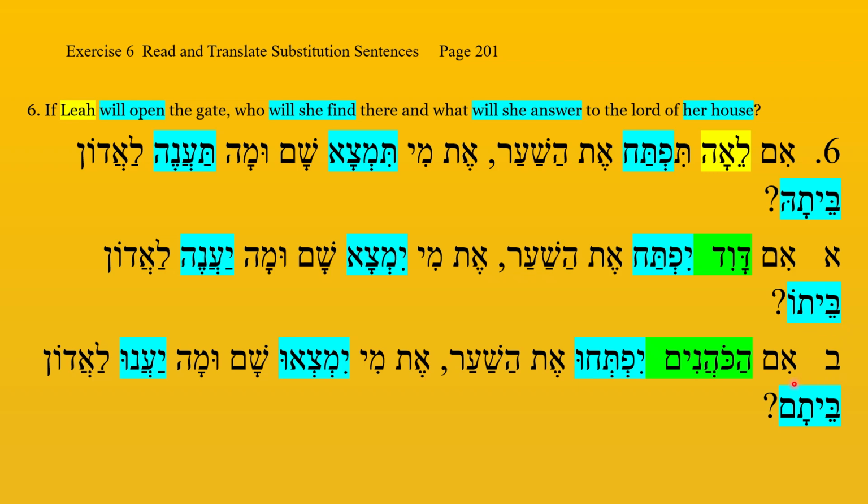Bet. Im ha-kohanim yiftachu et ha-sha'ar et mi yimtzeu sham uma ya'anu ladon betem. If the priests will open the gate, who will they find there, and what will they answer to the Lord of their house?